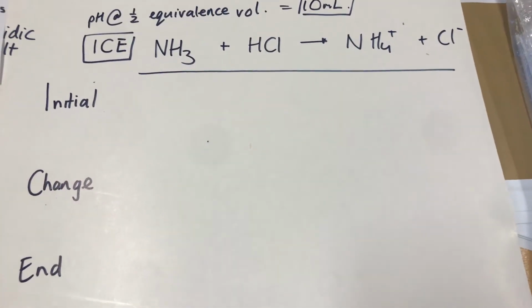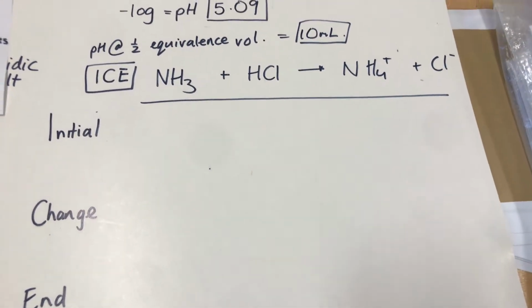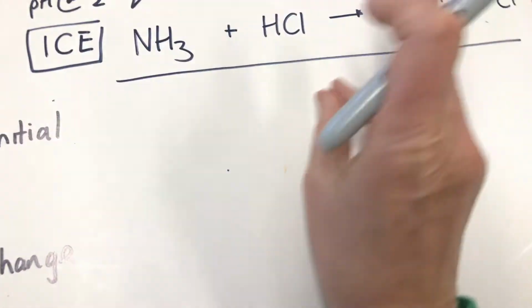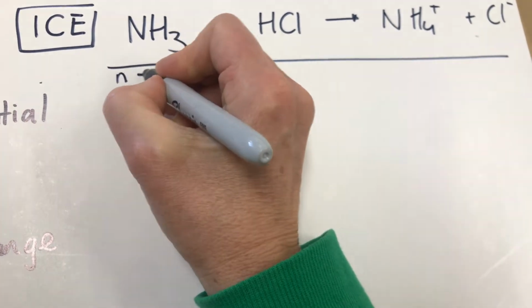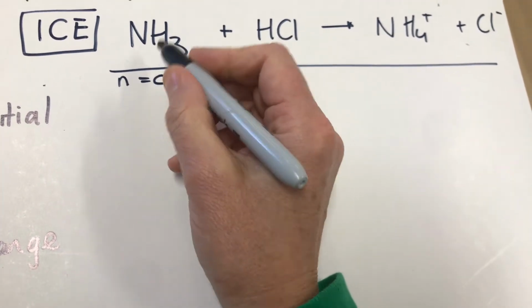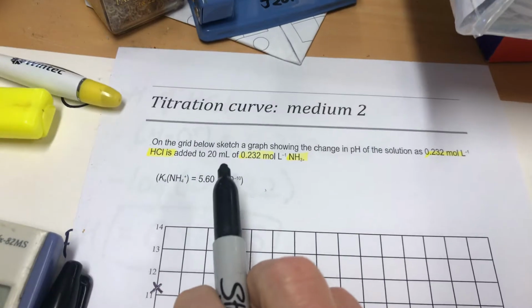Okay, so now I've got this little setup like this. Okay, so initial means before I do the titration, how many moles of everything have I got? So n equals CV. So for NH3, I started with 20 mils of 0.232.